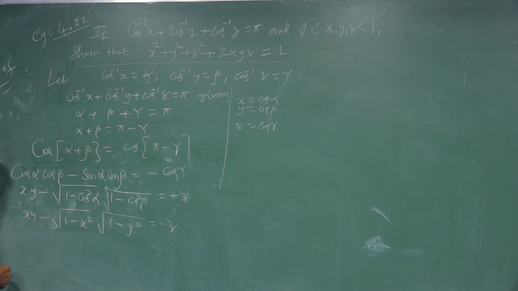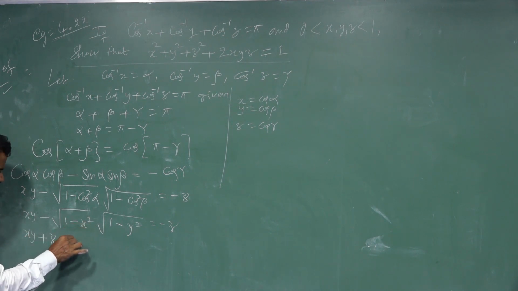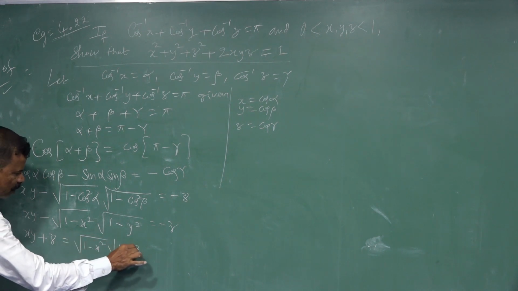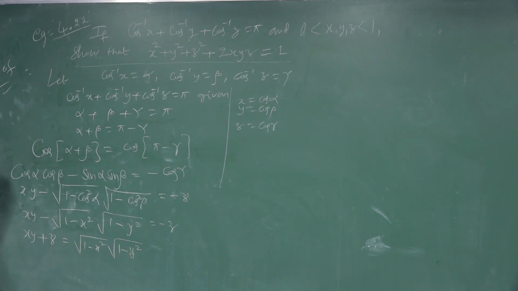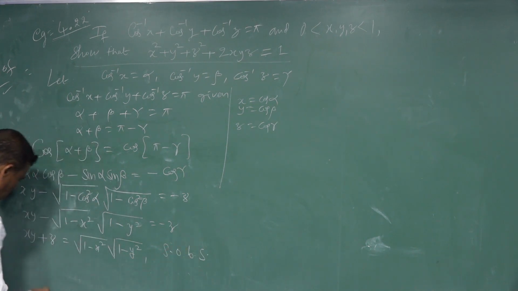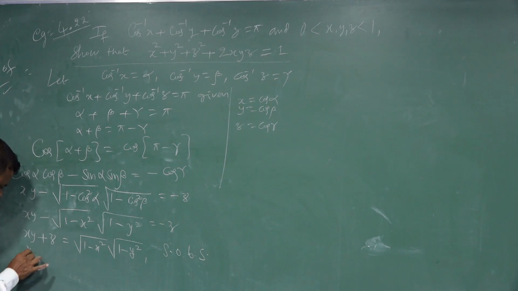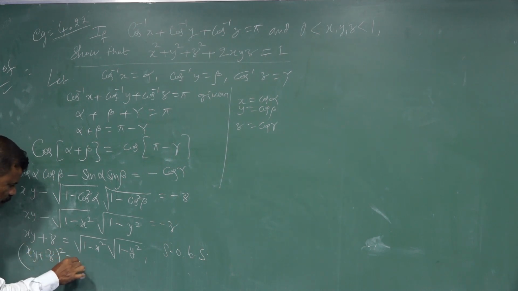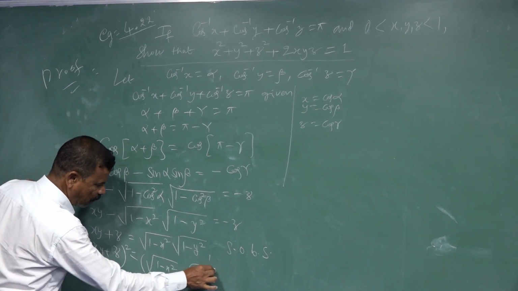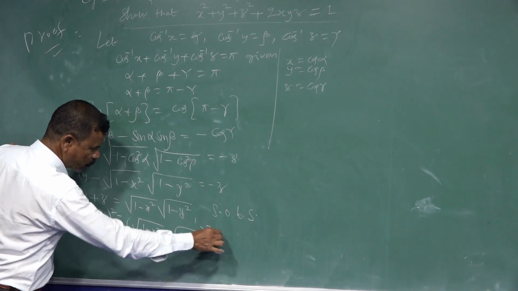Now taking z to the left side, xy plus z is equal to the term outside: under root of 1 minus x square multiplied by 1 minus y square. Now squaring on both sides, xy plus z whole square is equal to under root of (1 minus x square)(1 minus y square) whole square.